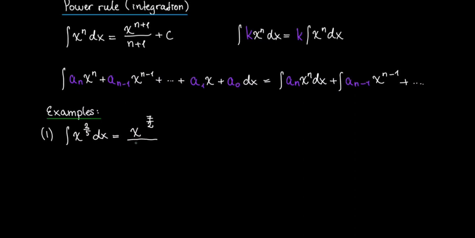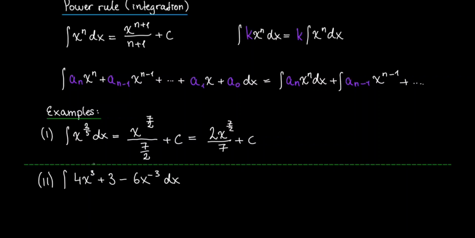And then we have to divide the entire thing by this new power, 7 over 2. And in the end, we have to attach a plus c, since there is a family of possible functions. Simplifying this answer, we get 2x to the power of 7 over 2 divided by 7 plus c.